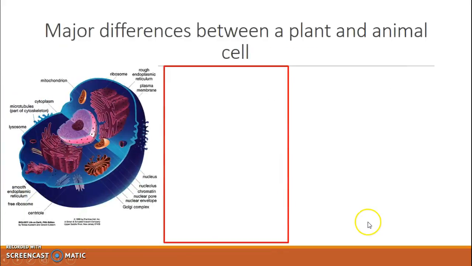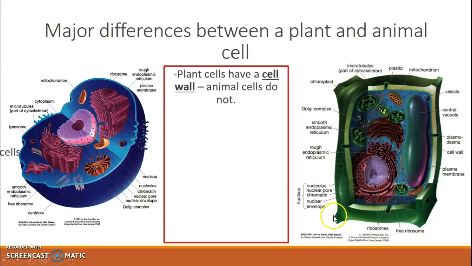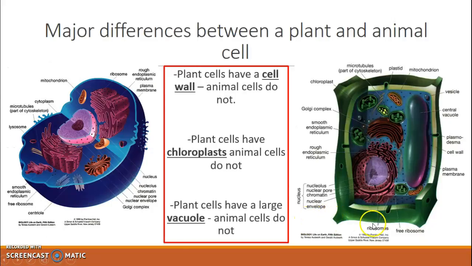So to kind of finish up, we've studied both plant and animal cells. There are major differences between these two different types of cells. Animal is over here. Plant cell is over here. One major difference, plant cells have a cell wall. Animals do not. Plant cells have chloroplasts. Animal cells do not. And plant cells have a large vacuole.